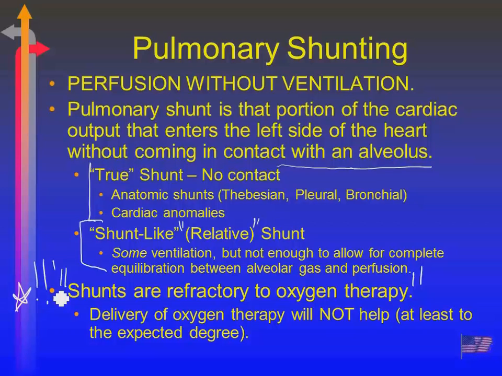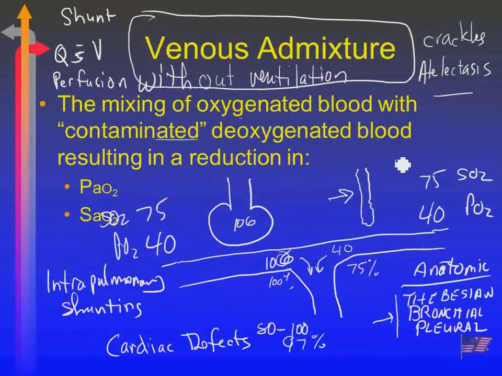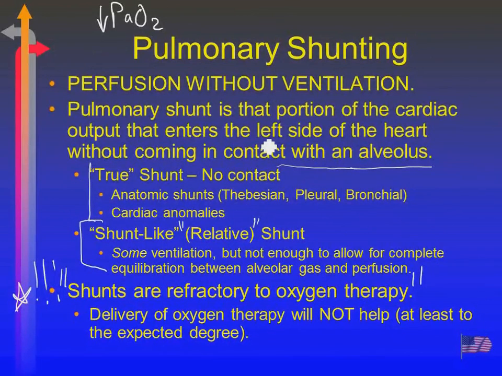So if I have a patient who has a reduction in their PaO2 because there's lots and lots of these guys, I'm going to end up having a patient who's hypoxemic, right? The treatment for this hypoxemia, putting them on O2, is not going to help out a whole lot.